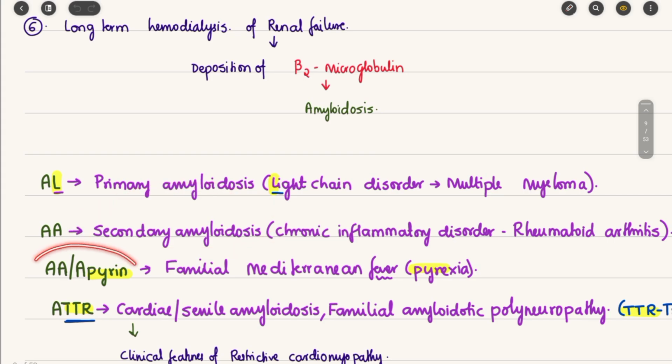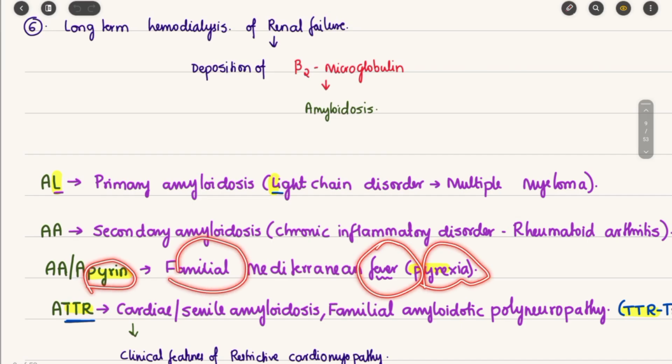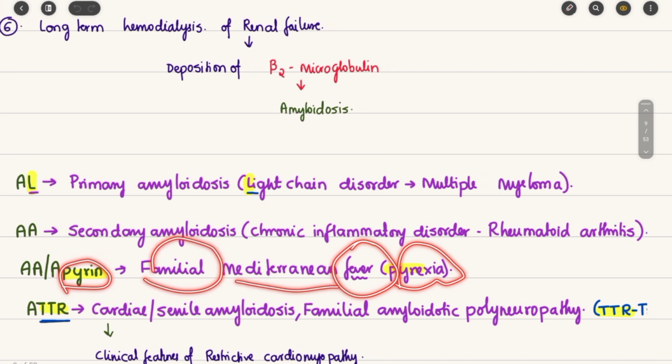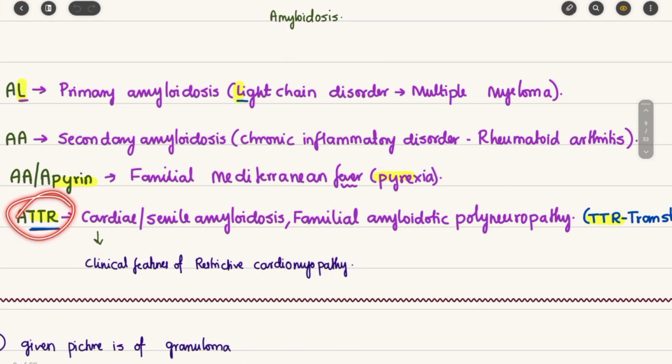Whereas AA or A Pyrin. What is pyrin? Pyrexia. That is fever, right? Familial Mediterranean fever. Whereas ATTR is for cardiac or senile amyloidosis or familial amyloidotic polyneuropathy.